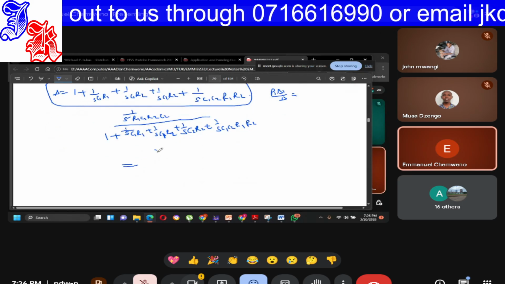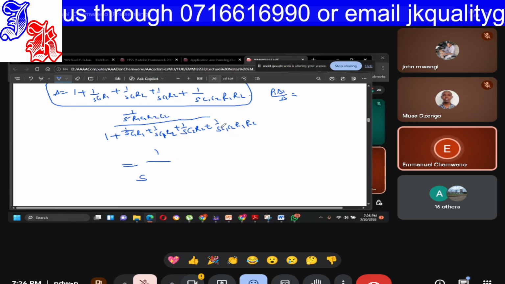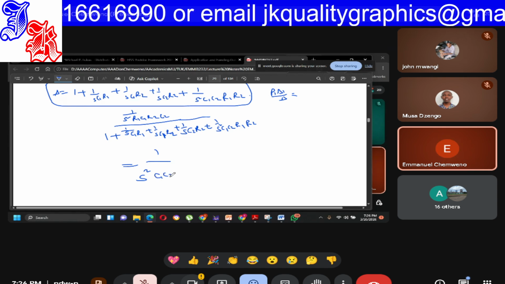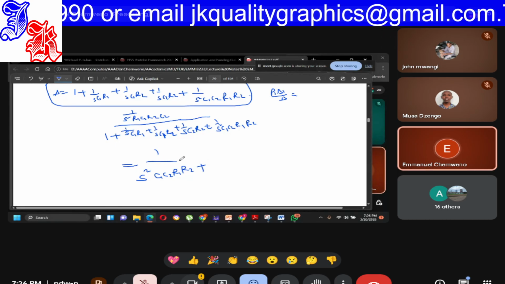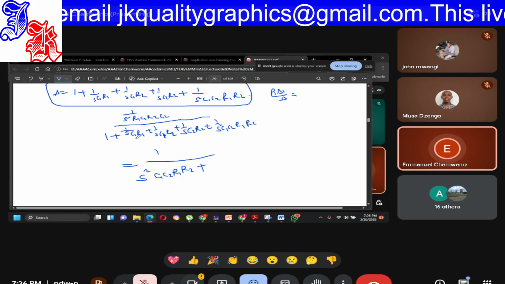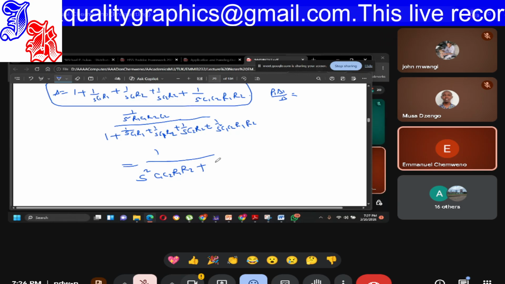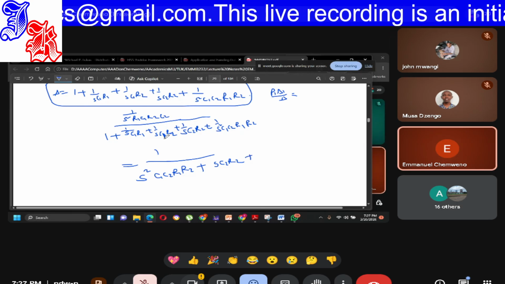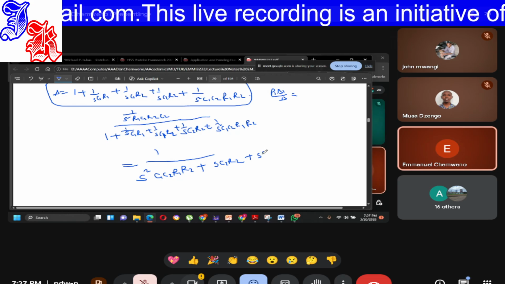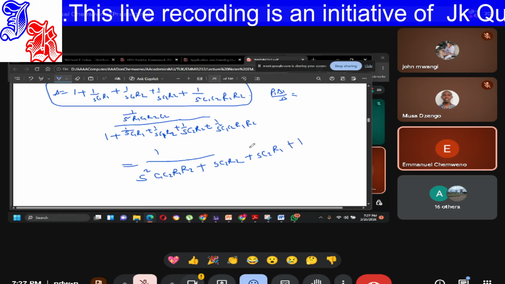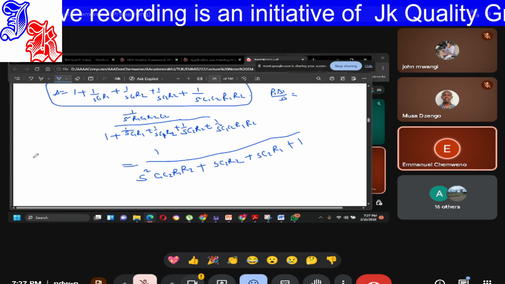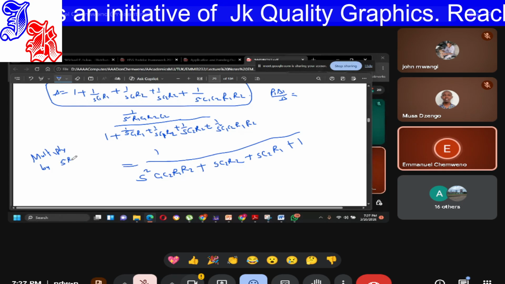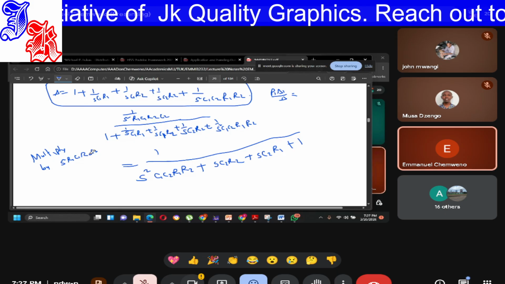So it becomes 1 over S squared C1 C2 R1 R2 plus, so the S C1 R1 cancel, so this becomes S C2 R2 plus C1 R2 cancel, so I'll remain with S C2 R1 plus 1. So I get this solution.